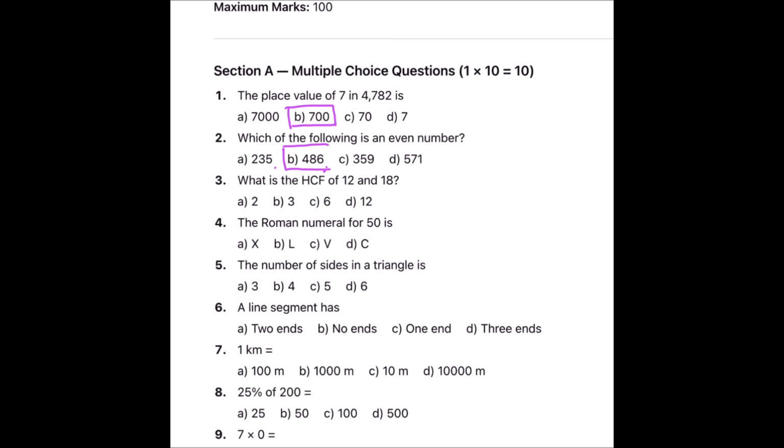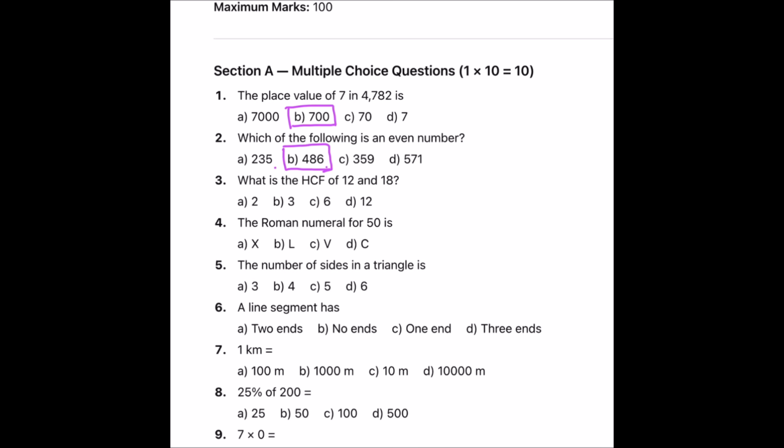Let's check the other options. 359 has 9 in its units place, so this is an odd number. And 571 is also an odd number. 486 is the answer.